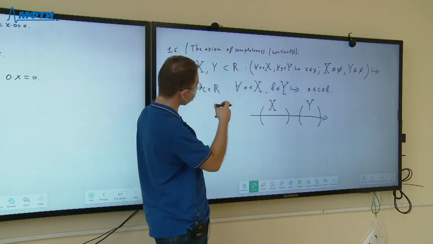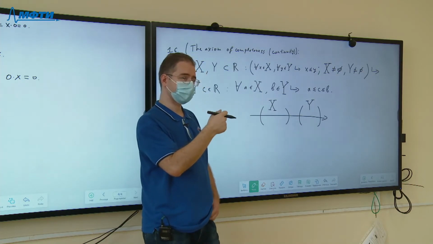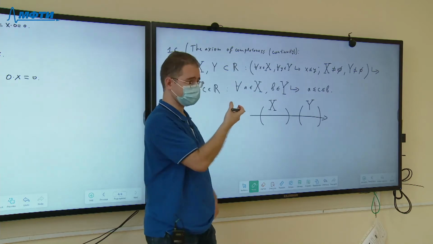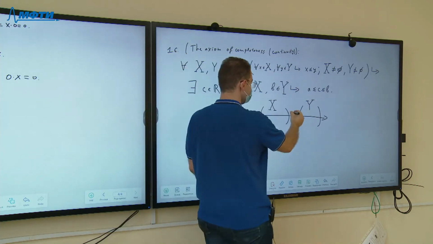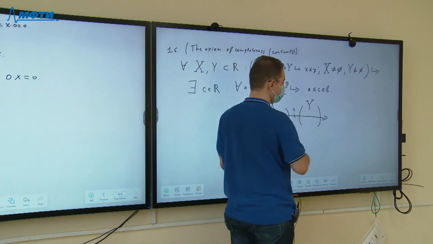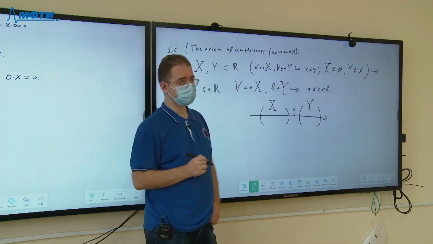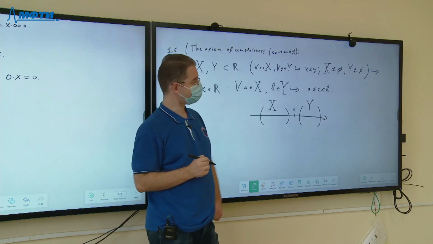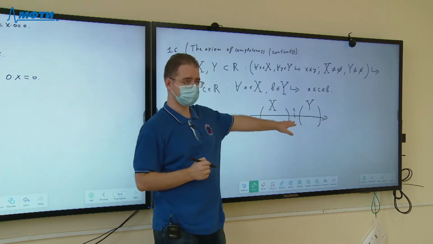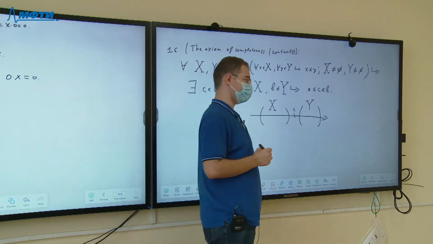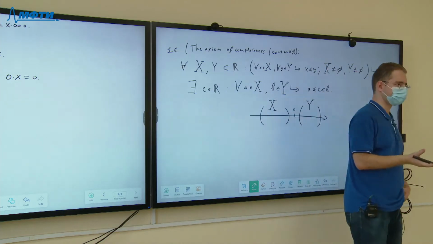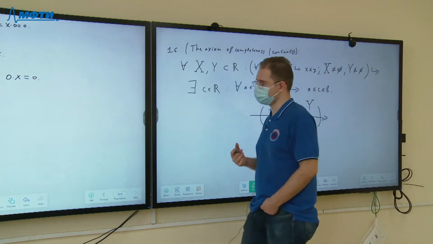So this 16th axiom says that there exists a number between them. It seems kind of obvious when I draw it. Well, it is an axiom, so we are not going to prove it.